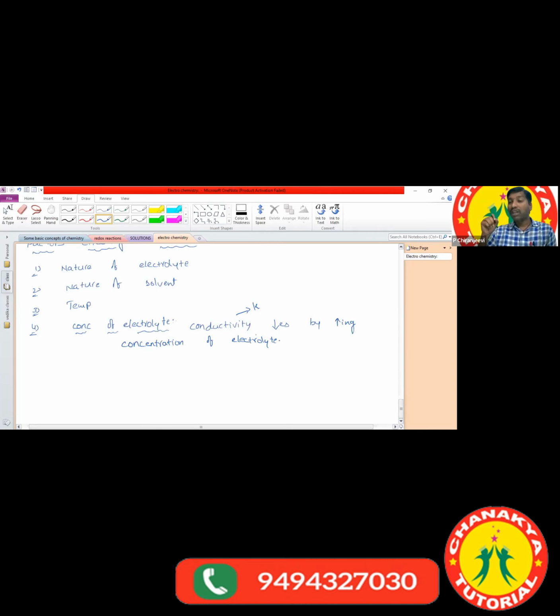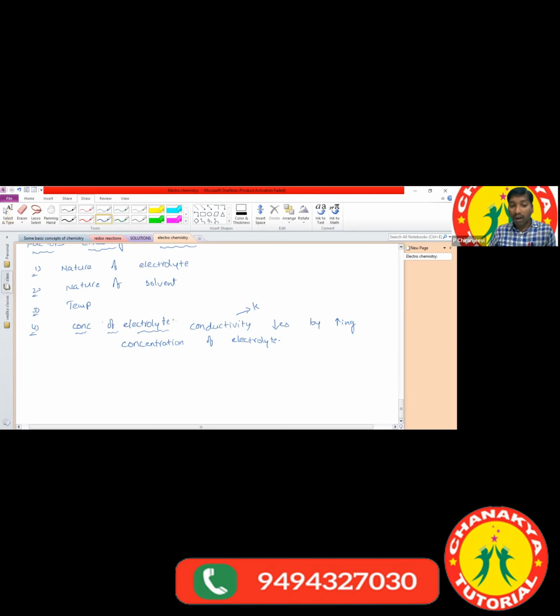If there is no mobility, it does not conduct electricity. So conductance decreases by increasing the concentration of the electrolyte.